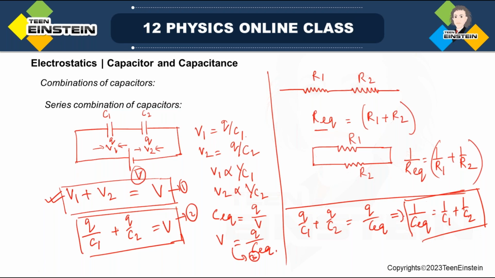See, this is just the opposite. In case of series combination of resistors, we get simply the sum of the individual resistances. But in this case it is the sum of the inverses.